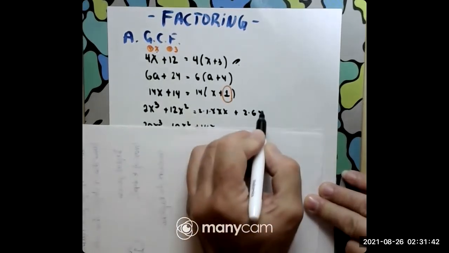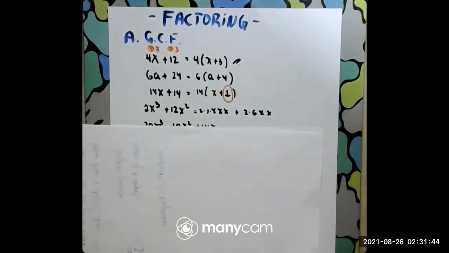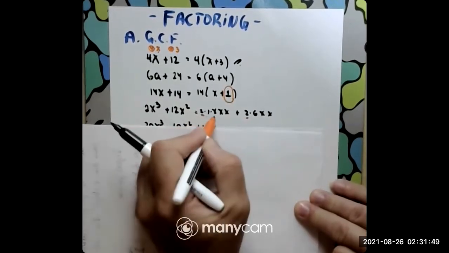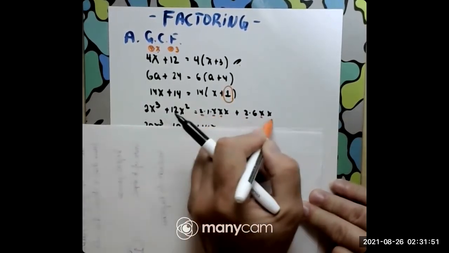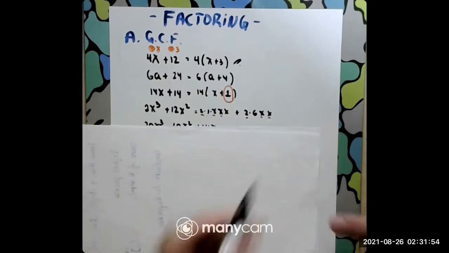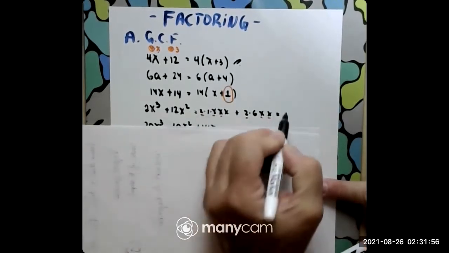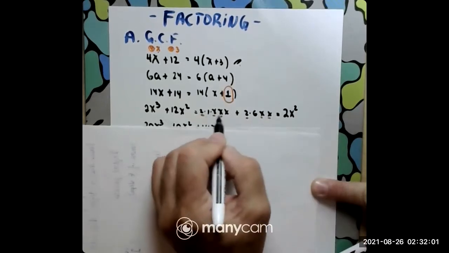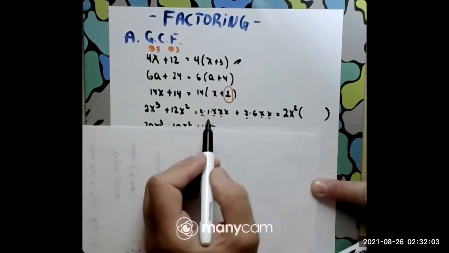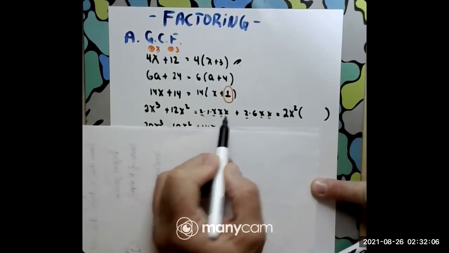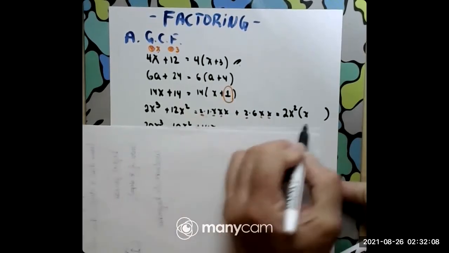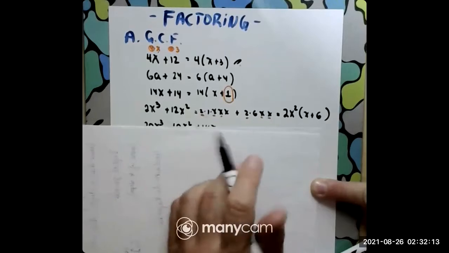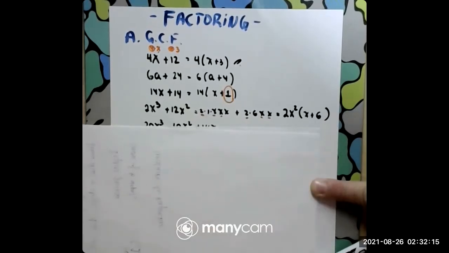Notice that we have as a greatest factor the 2, the x, and the x, so x times x is x squared. So I can pull out the 2, I can pull out 2 x's, so x times x squared. And what do we leave behind? 1 times x, that will be 1x plus 6. That's it, there is nothing else. We can always verify by multiplying backwards.